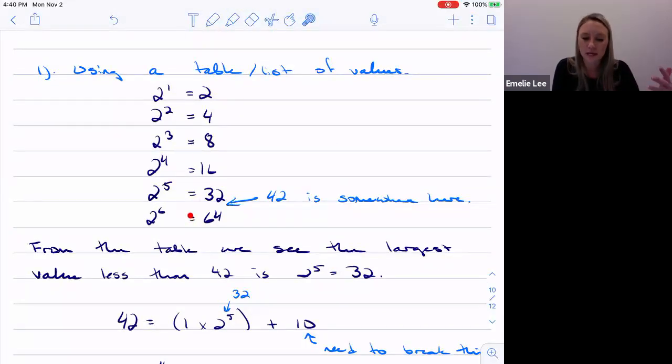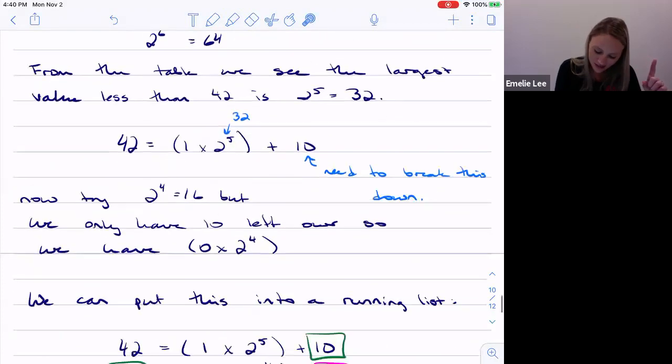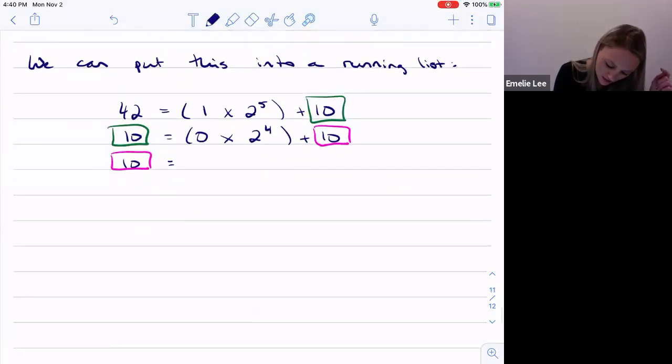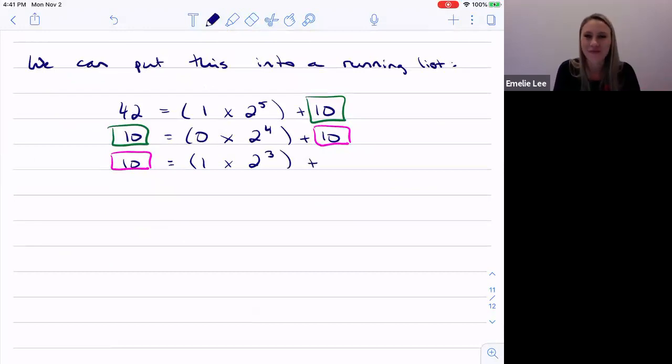Once you know your base, you can quickly write out your powers: 2, 4, 8, 16, 32, 64, and more if you needed. But 8, I can squeeze one 8 out of 10. And so I get 1 times 2 to the power of 3, plus 1 times 8 is 8, plus 2.